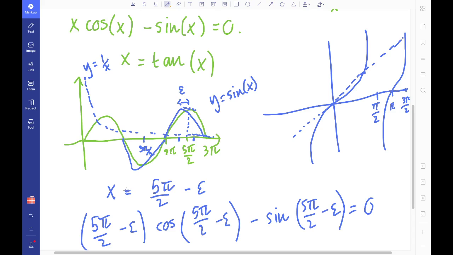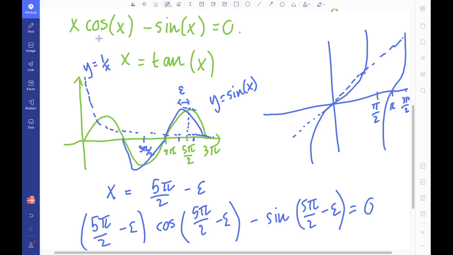So I suggested that maybe there's a way of finding this value, or finding an approximate solution to this value epsilon, and you could do that by substituting in 5 pi over 2 minus epsilon for your differential equation set equal to 0.